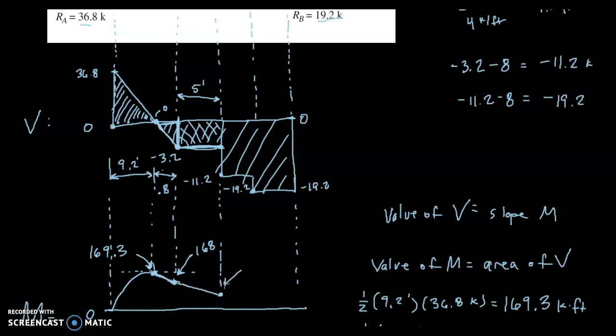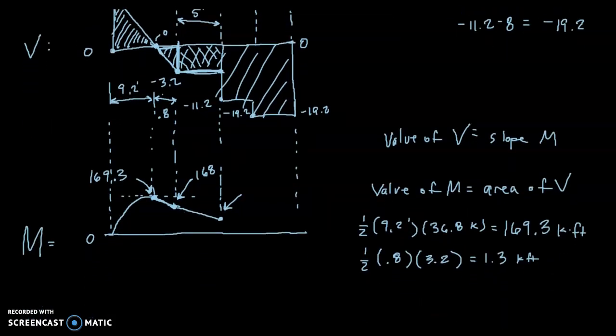And if I want to find the value here, I need to find the area of this rectangle, which is just the base times the height. The base is 5 feet. The height is 3.2 kips.